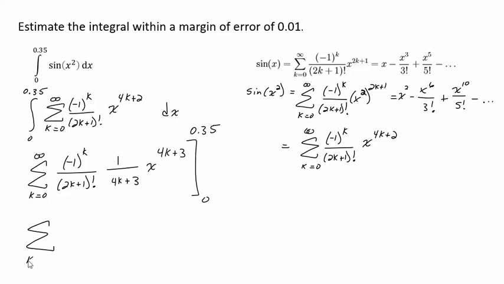Okay, so we'll put 0.35 in for x. I think I'll write this coefficient with my k's together over here. Put my 4k plus 3 over here. Doesn't really matter. And then I'll have 0.35 to the 4k plus 3 minus.